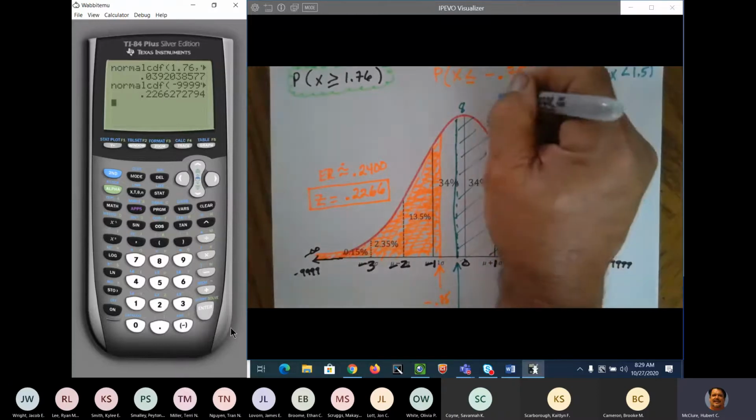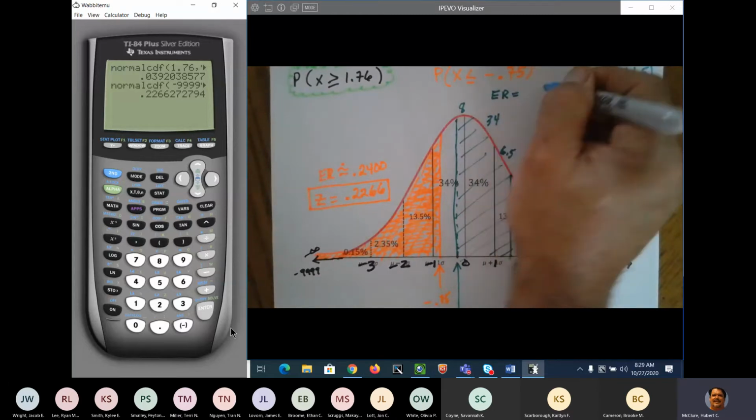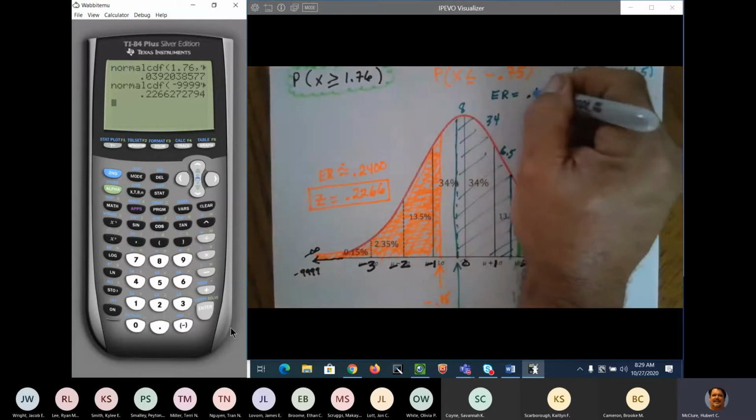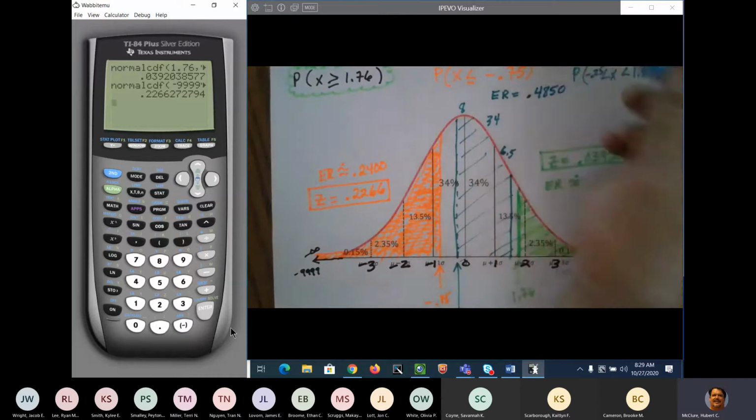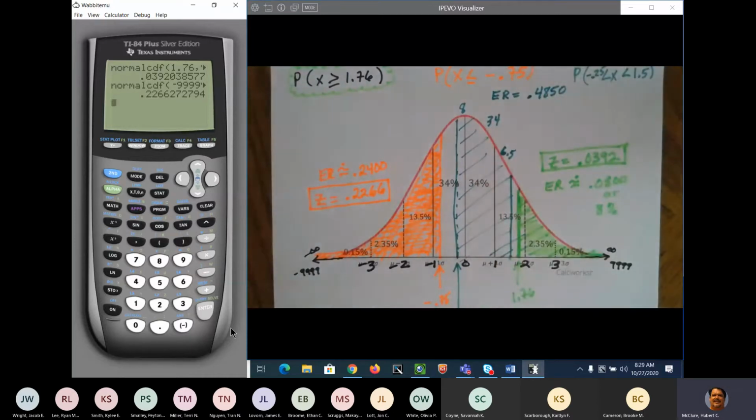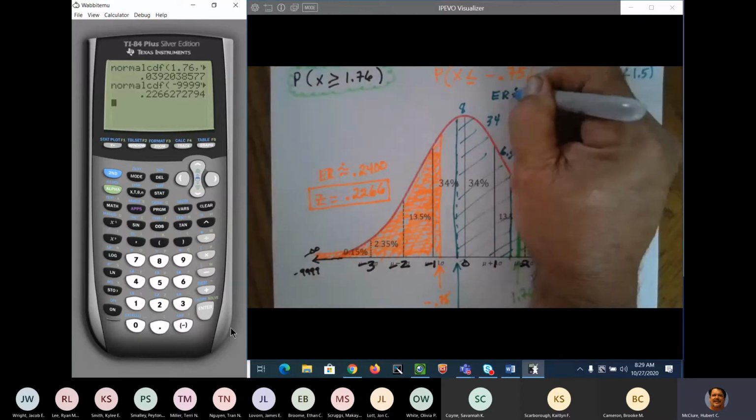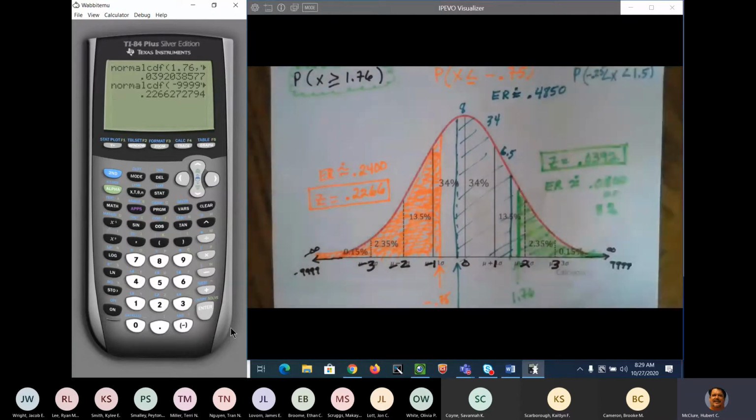So I'm going to say, by the empirical rule, 0.4850. That's by the empirical rule. And I'm going to put a dot there because equal sign with a dot means that you're guessing. A good guess.